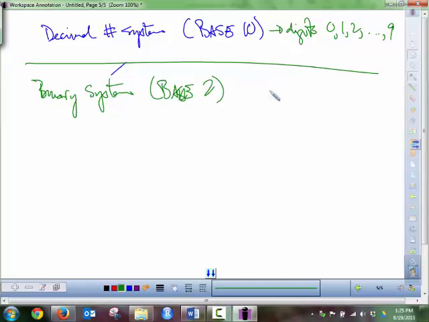You only have 2 digits. So that means that this is 1, or this is 0, and this is 1. And when you want to denote 2, you don't have any more digits, so you have to start combining them. So this is 2.